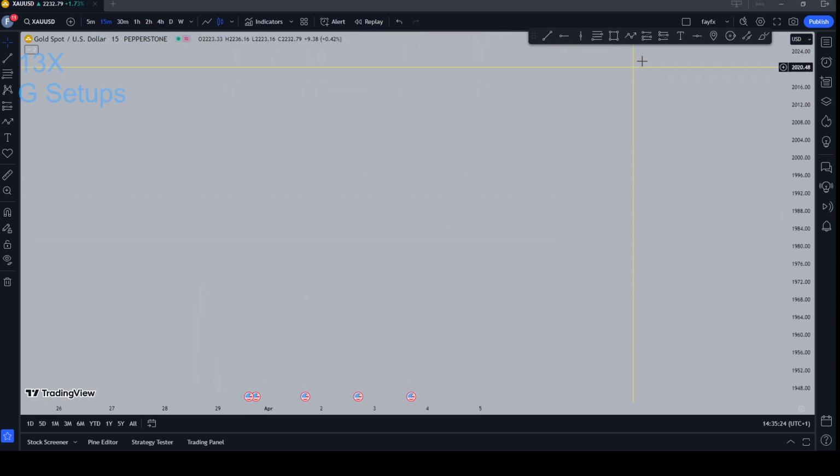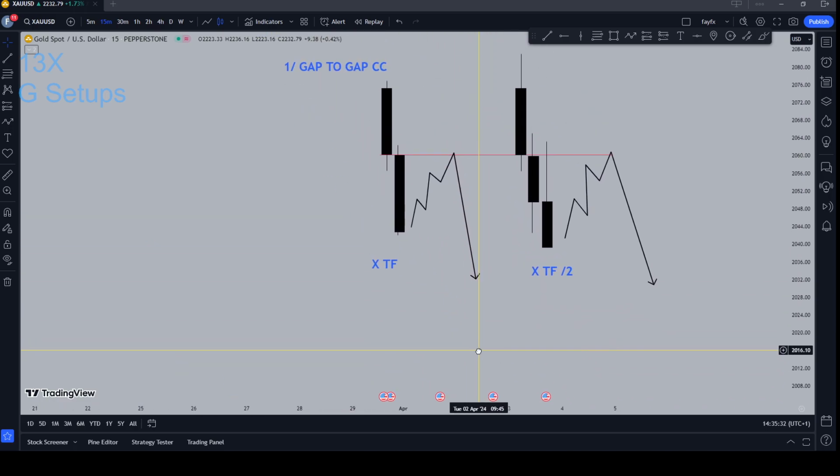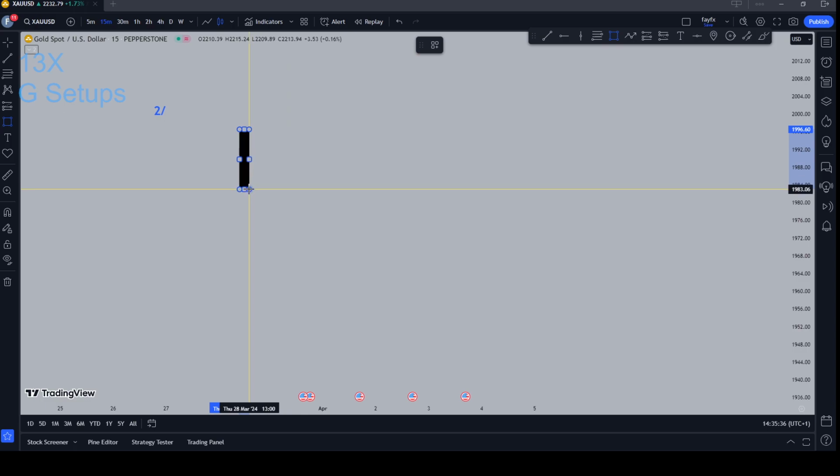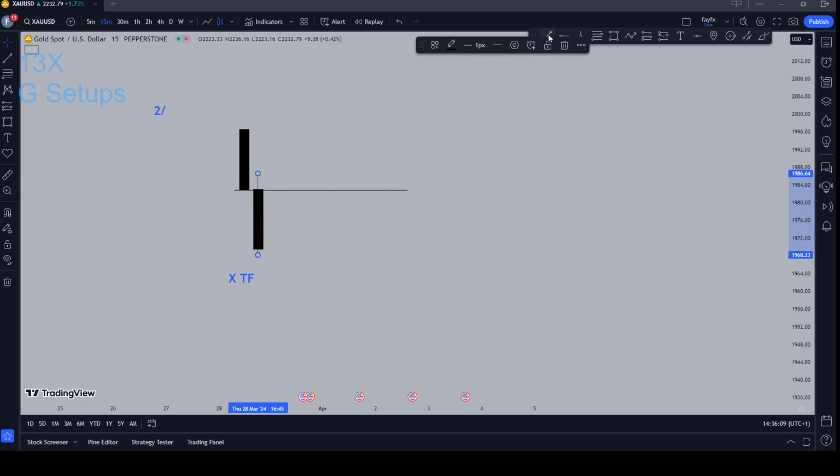Let's go to the second entry. Like we said here, we have again the next time frame, and when we go one time frame lower, what are we going to find?